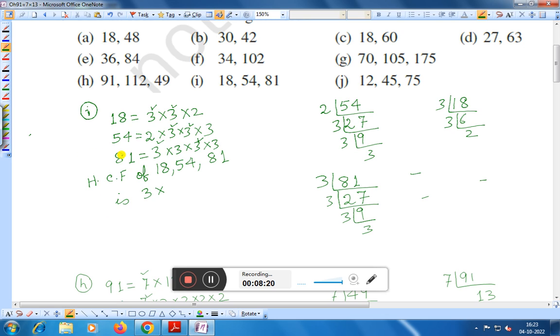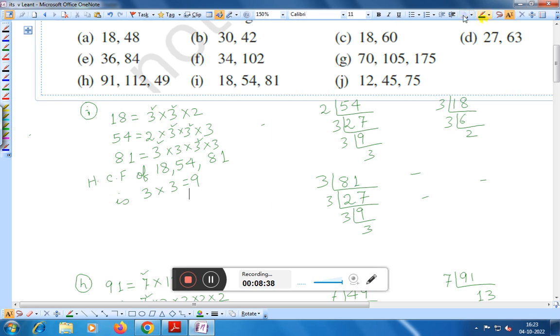Therefore, 3 into 3 is 9. The HCF of 18, 54, and 81 is 9. This is the solution of question number I.